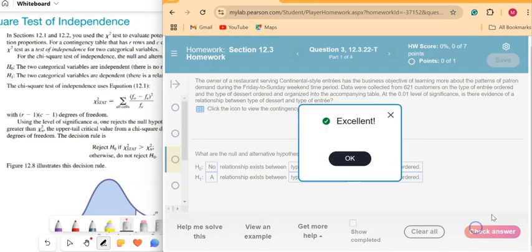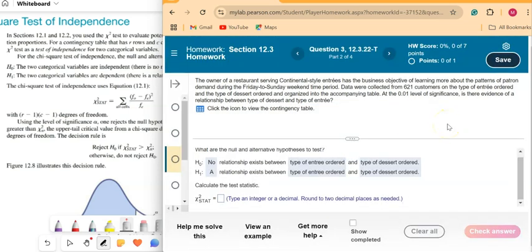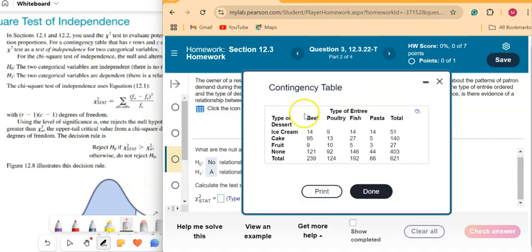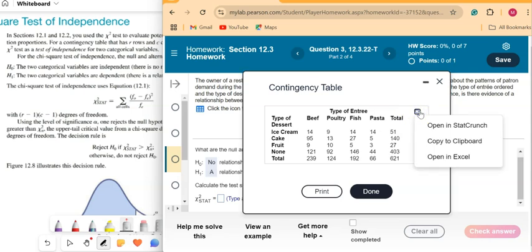Okay, let's check it. This is actually the hardest part in the chi-squared test of independence: how to calculate the chi-squared statistic. For this, we will need the contingency table with all the numbers. So this is our contingency table, and I'm gonna just export it to Excel.